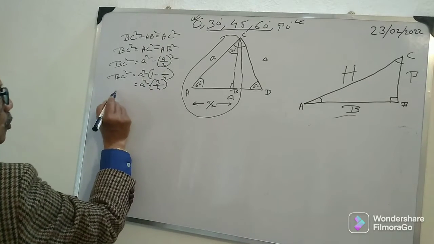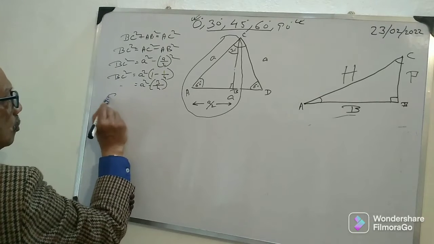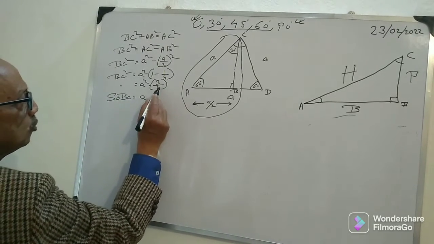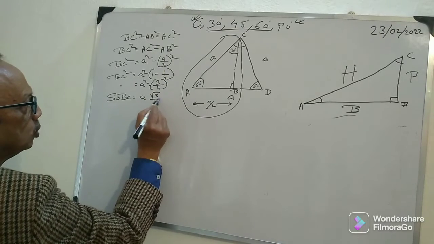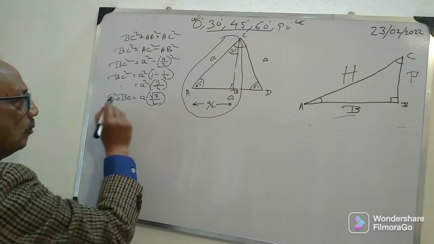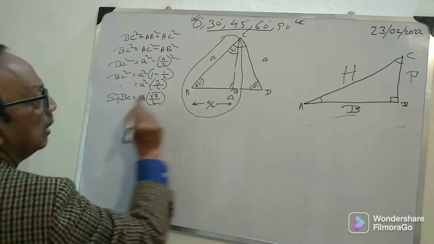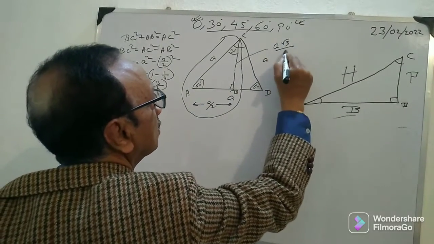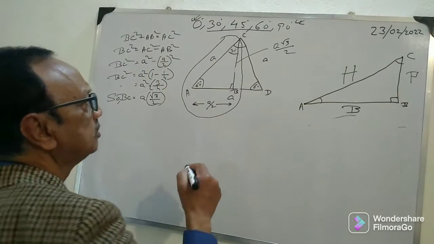So BC will be A root 3 by 2. Can you follow? So I have got the BC value, A root 3 by 2. That means you have got all the three sides.